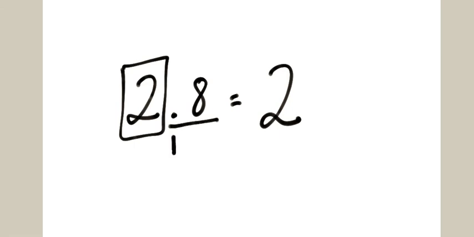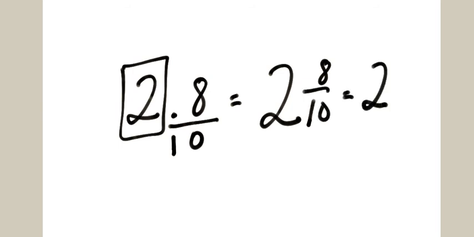The 1 goes with the decimal. I have one number after the decimal, so I'm going to have 1 0. So it would be 2 and 8/10. And again, if you simplified it, it would be 2 and 4/5.